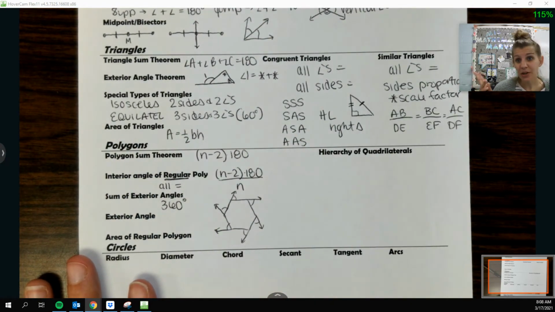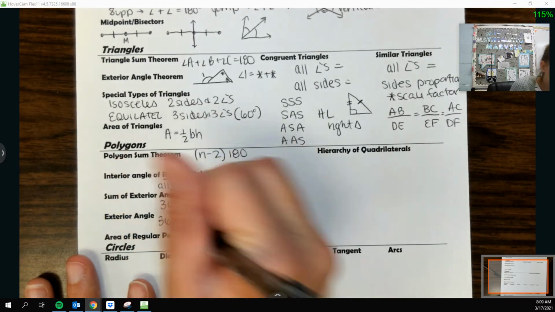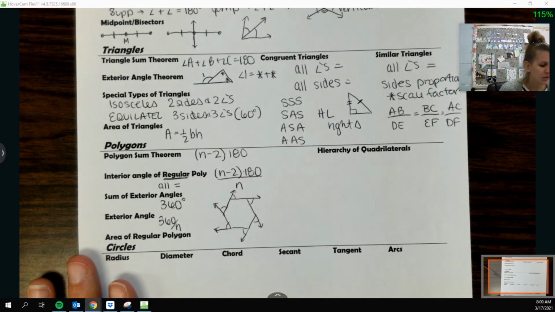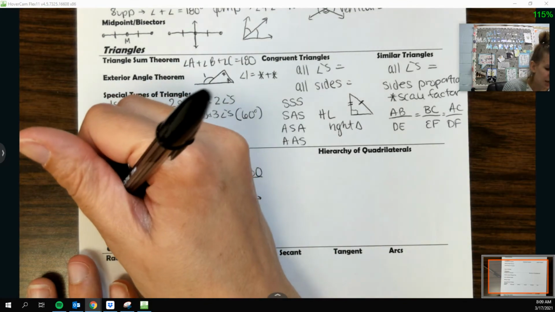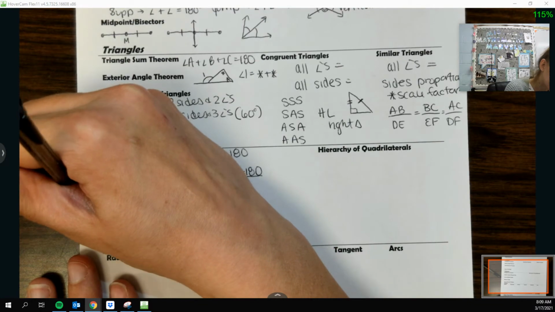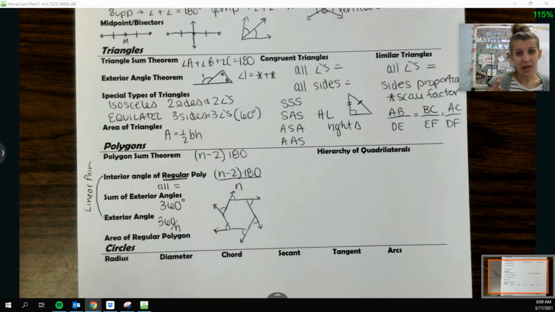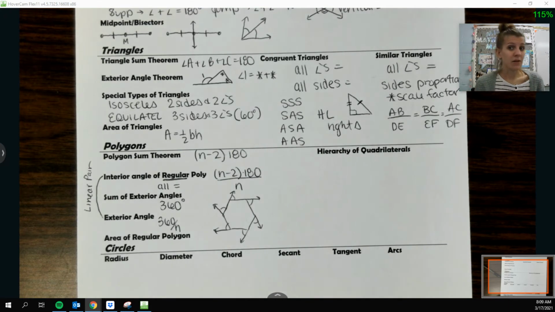And again, if I'm regular and I want to find just one, I can do 360 divided by n, so split it equally between all the angles. Or really, your exterior and interior angles make a linear pair or are supplementary, so they'll add up to 180. That's also a fun fact that is helpful.